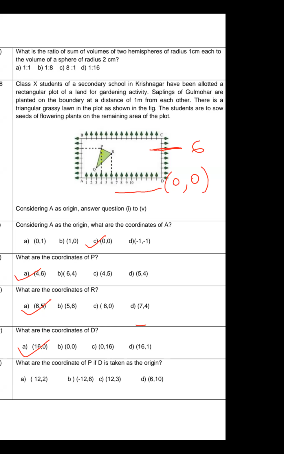But what about this? Negative, should it be minus 12? Yes, ma'am. Are you clear? So they can shift the origin anywhere, and according to the origin, you can figure out whether x is positive or negative, y is positive or negative. Got it, children? Yes, ma'am. Okay. So it was an easy one.